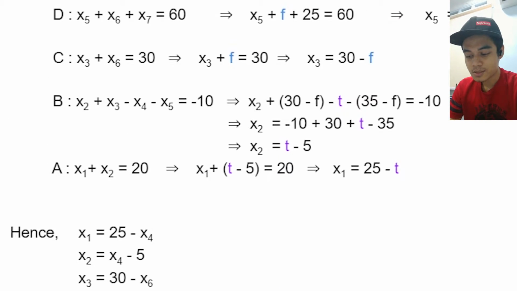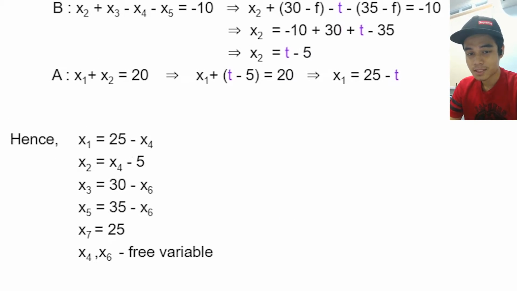Next, we can solve the system using the substitution method. After that, we get the answer for our equation. That is x1 equals 25 minus x4, x2 equals x4 minus 5, x3 equals 30 minus x6, x5 equals 35 minus x6, x7 equals 25, and x4 and x6 are free variables.